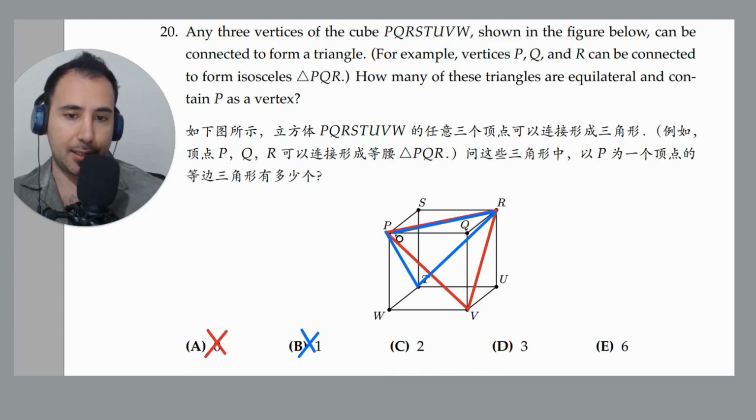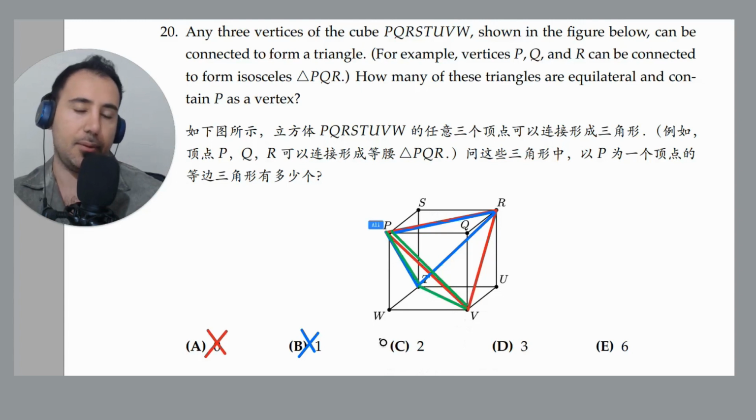So I could go again from P, PV, then from here to here, VT, and then I could also connect this. This will be another one.